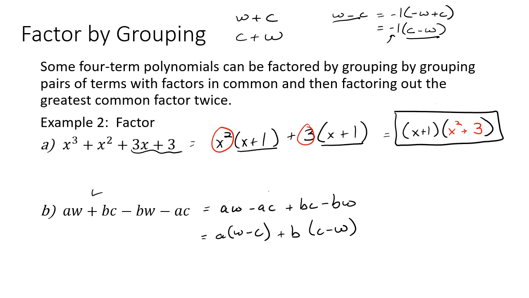So that's what I'm going to do here. I could actually pull it out of either term, it doesn't matter. I'm just going to go ahead and pull it out of the second. And when I pull that minus 1 out, I'm just going to go ahead and use that to change the plus in the middle into a minus.